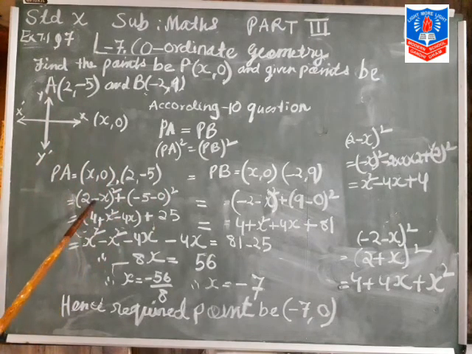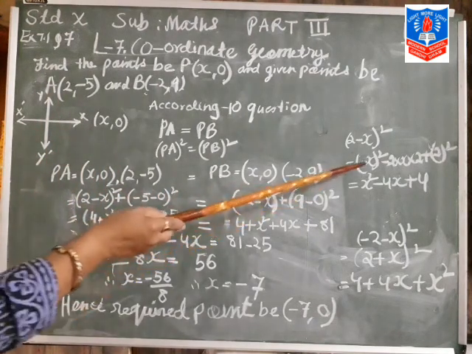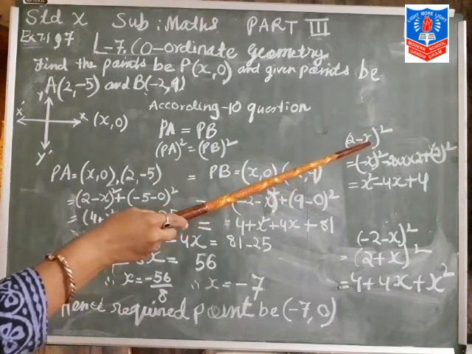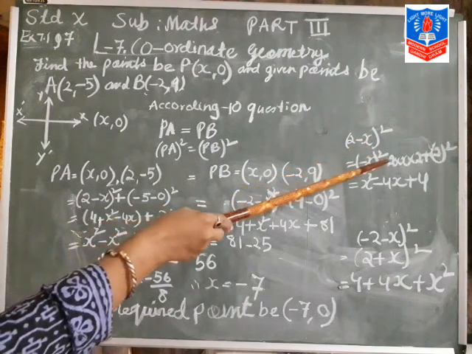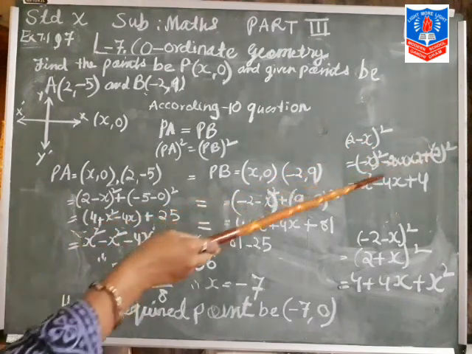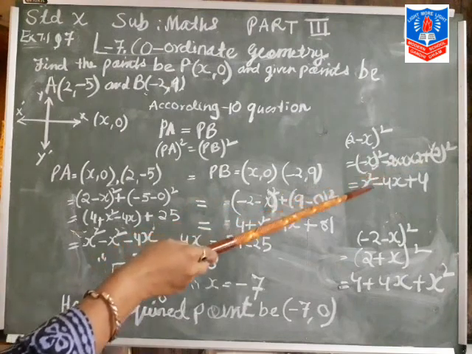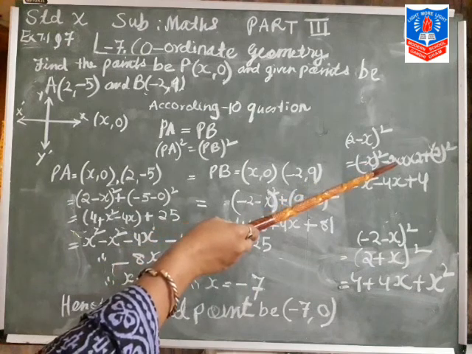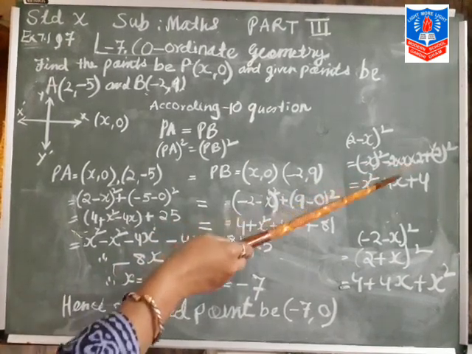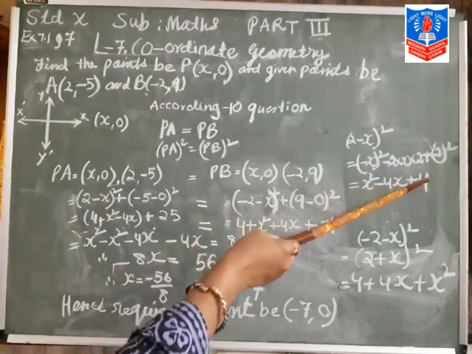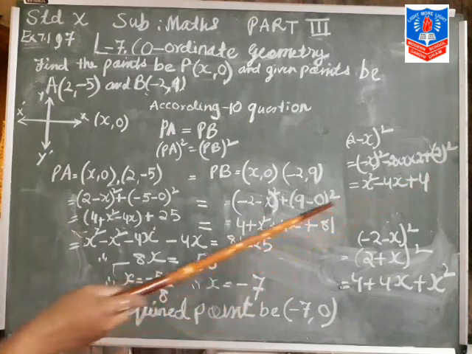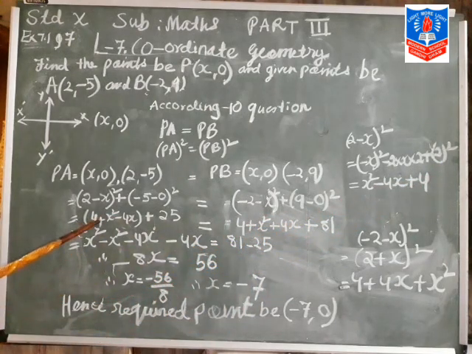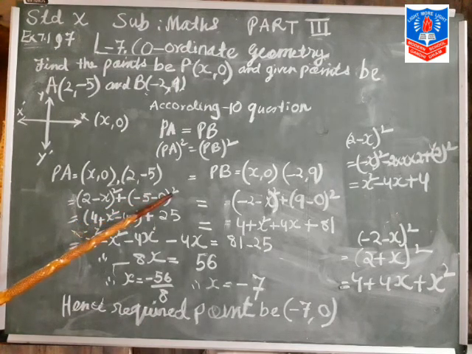Here (2 minus x) squared: (a minus b) squared is a squared minus 2ab plus b squared. So we have x squared, minus 2 into x into 2, which is minus 4x, and the square of 2 is 4. So x squared minus 4x plus 4. And here directly minus 5 into minus 5, which is 25.